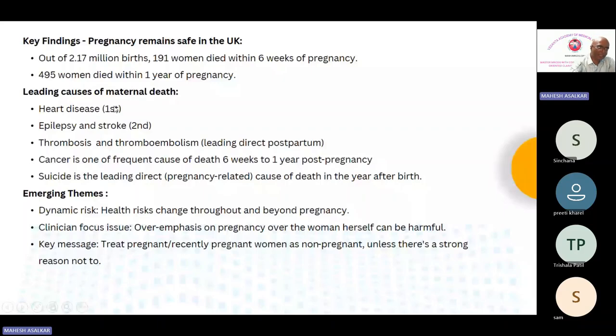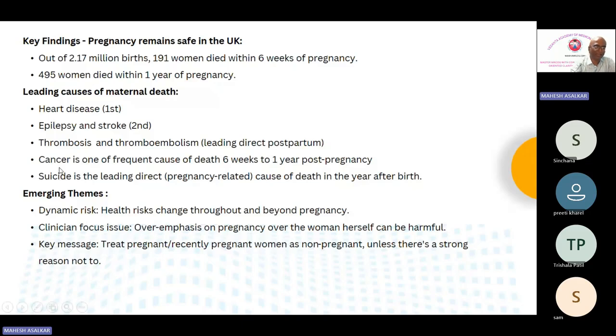Okay, and among the direct and indirect, which is more common? Can anyone tell me which is more common? Whether direct is contributing more or indirect is contributing more for the maternal mortality? Yes, anyone? Indirect. Yeah, indirect is around 51%, almost same both, but there is a little dominance of the indirect causes.